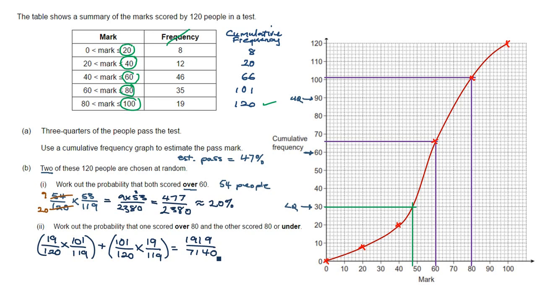I'm going to just check by doing it a slightly different way. If I now multiply 120 times 119, then I get 14,280.